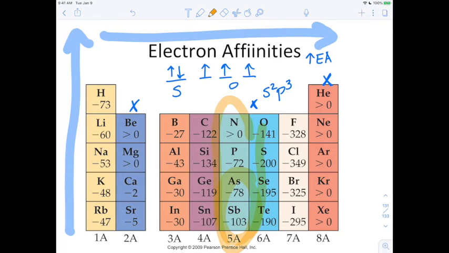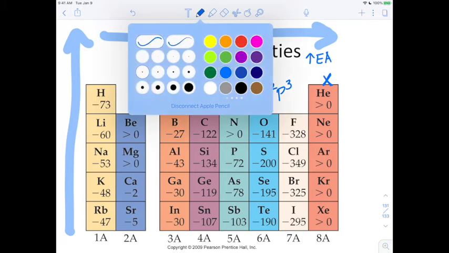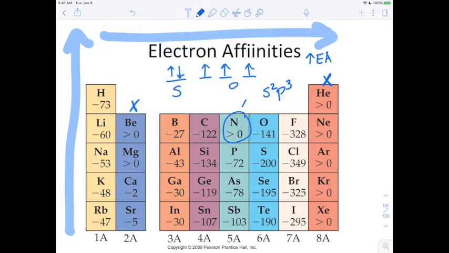But if you think of nitrogen as driving a minivan and antimony at the bottom driving a school bus, if the electron that's bouncing around is in the back of a school bus, it's a little easier to handle than if it's right behind you in the minivan. All right, so nitrogen has no interest in that extra electron either. So that's why I said it's a very general trend here.